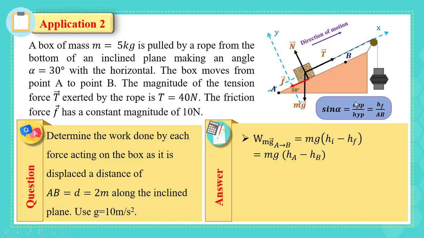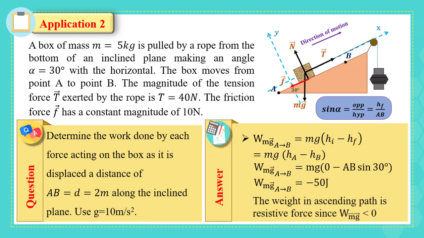From the triangle shown in the figure, H final can be written as AB sine 30, since sine 30 equals the opposite over the hypotenuse, and the opposite here is H final, the hypotenuse is AB. So solving, the work done by weight becomes minus 50 joules. It's clear that the weight in the ascending path is a resistive force, since the work done by weight here is negative.